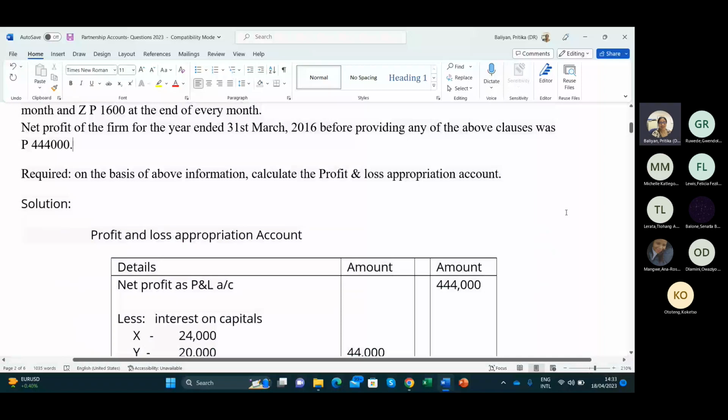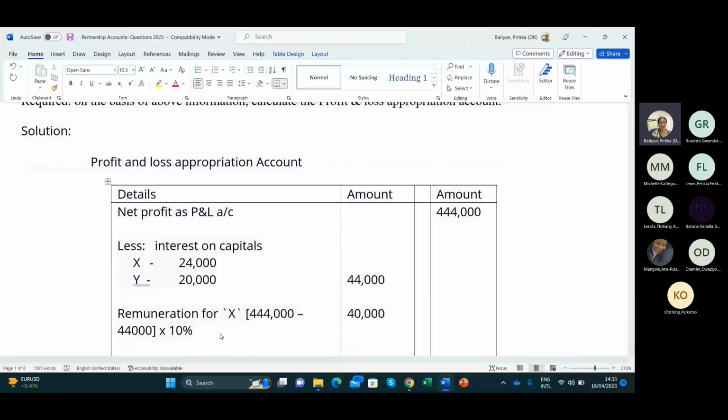Okay. So the commission of Y. Just a minute, the keyboard is not responding.